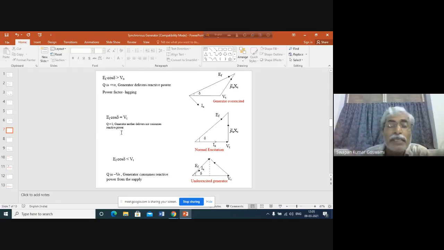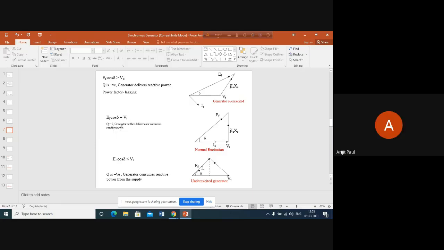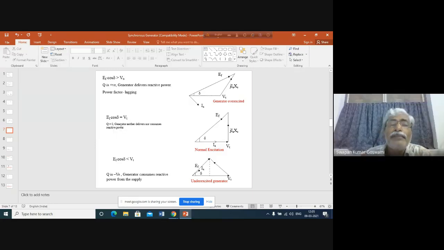What is the power factor of the generator in this case? Obviously, it is operating at unity power factor. Am I clear? Yes, unity. The field current is also called the excitation of the generator. The excitation corresponding to unity power factor is generally called the normal excitation.